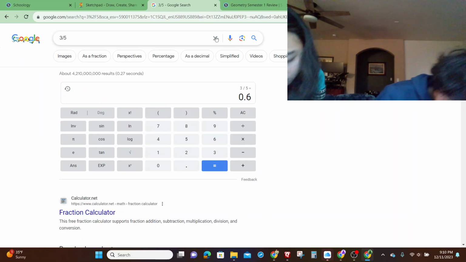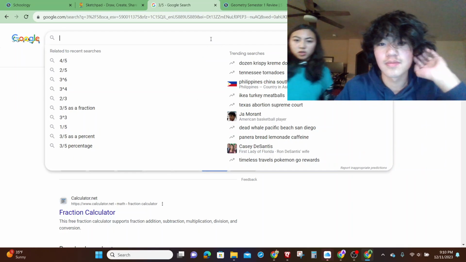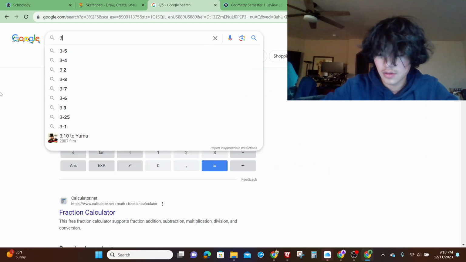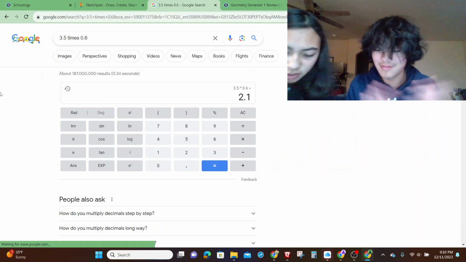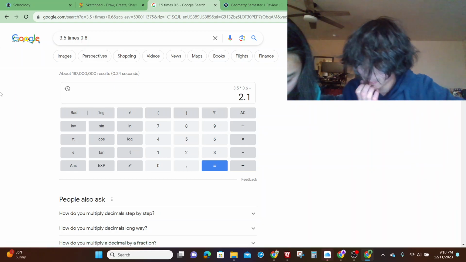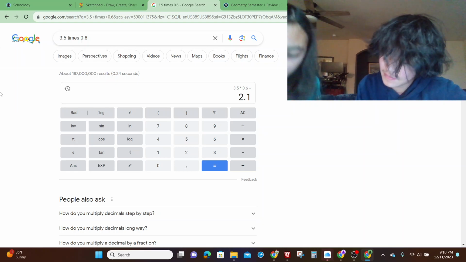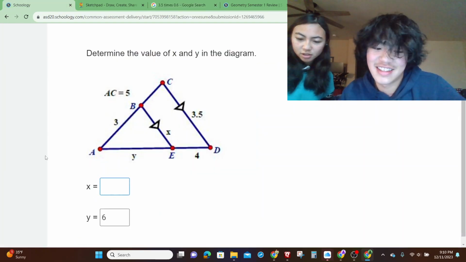So 3.5 times 0.6. Try it. I don't know if that's right yet. So you did do it right? Yeah, it looks like you did it right. Because all you have to do is find the ratio. You just flip the ratio.